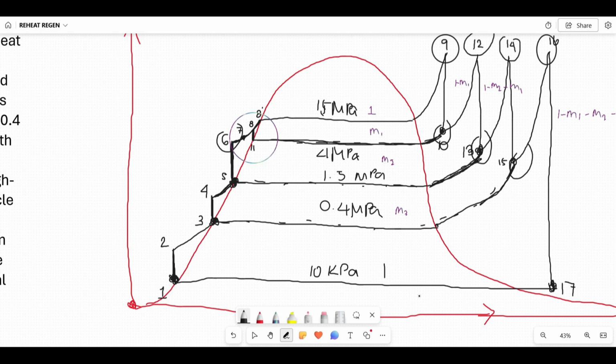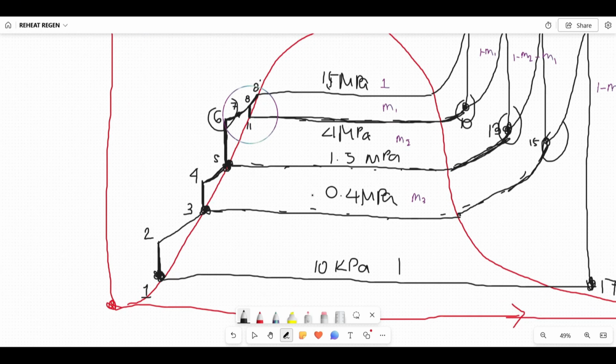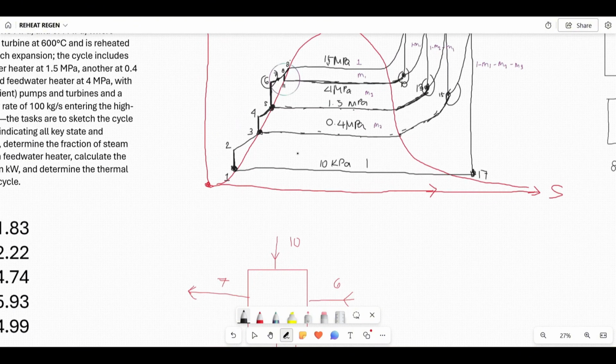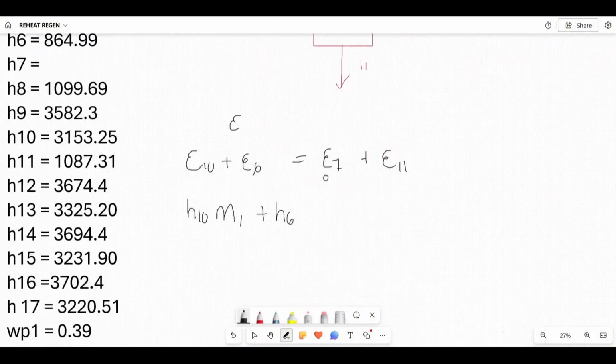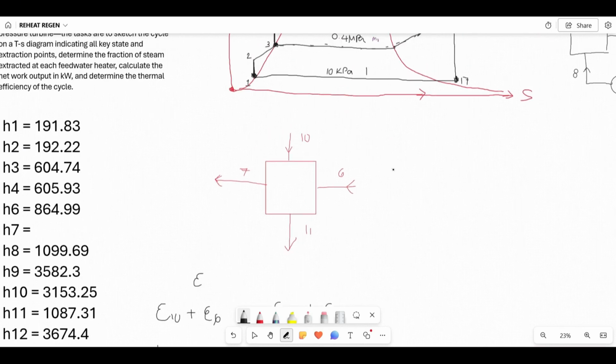But what happens here is that if you look at this, the mass here and the mass here joined together. Therefore, the mass there is only 1 minus M1. So, 1 minus M1 is equal to H7.